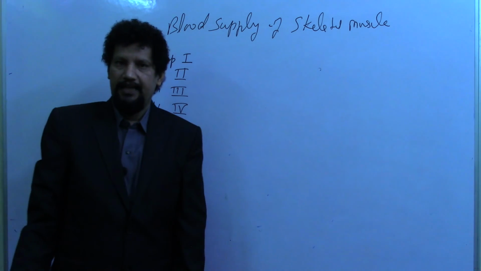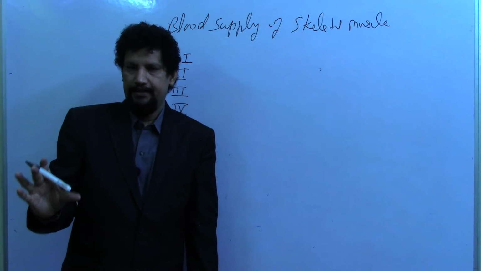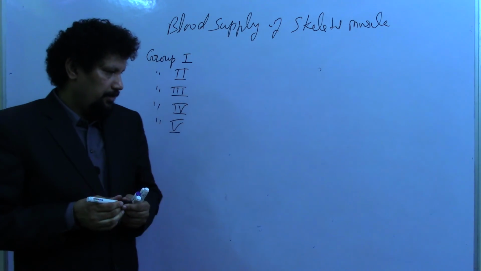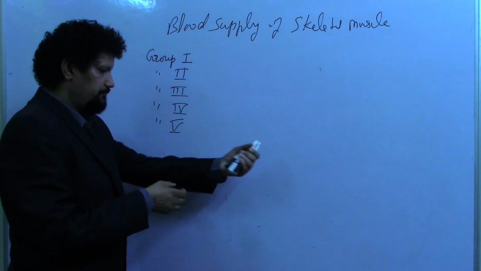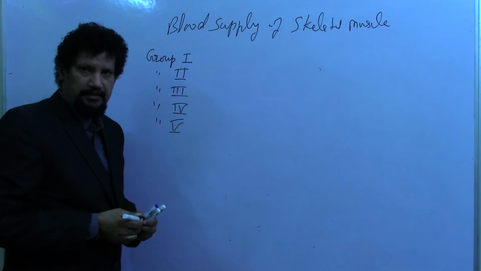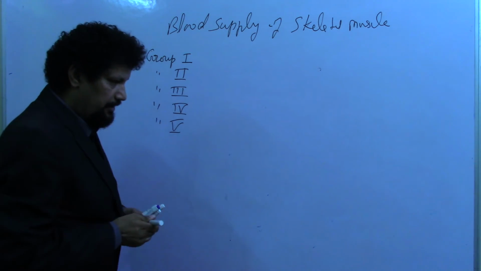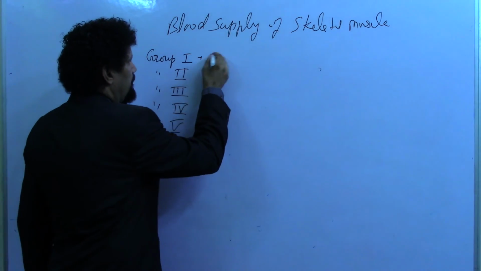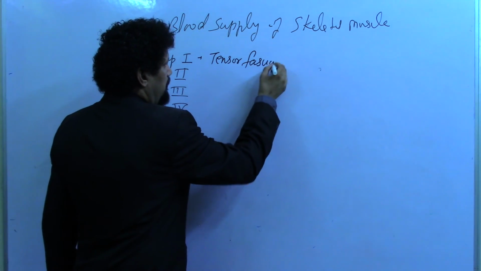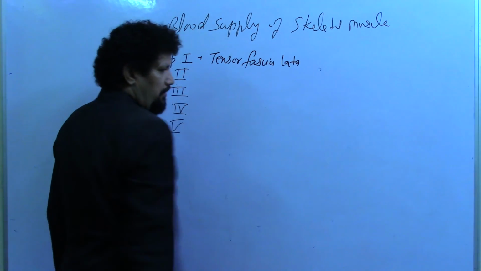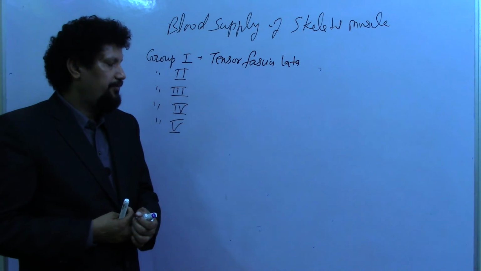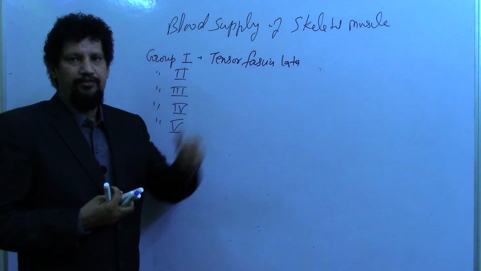When the muscle is supplied by only one artery, these muscles are grouped in group first. The example of group first muscles is the tensor fascia lata, which is supplied by the ascending branch of lateral circumflex femoral artery.